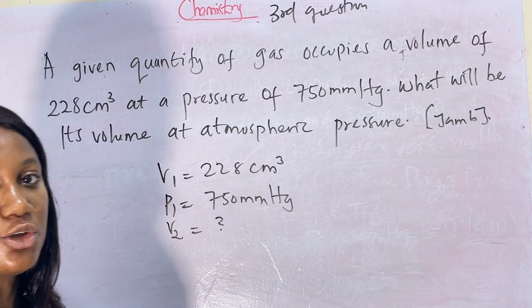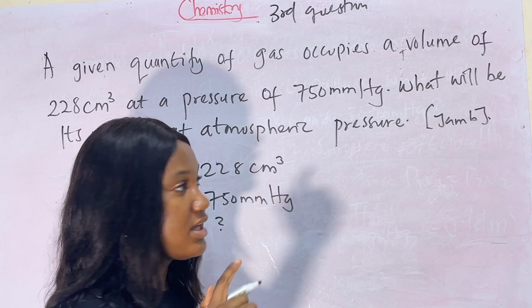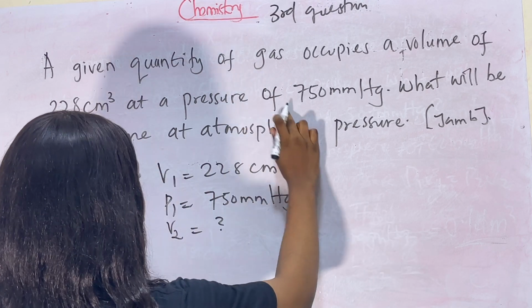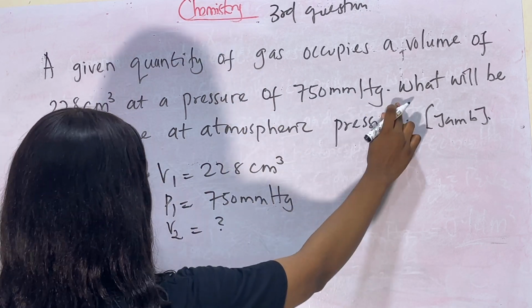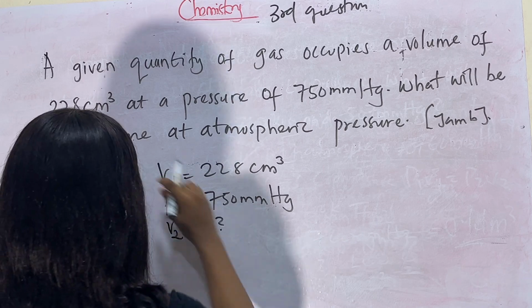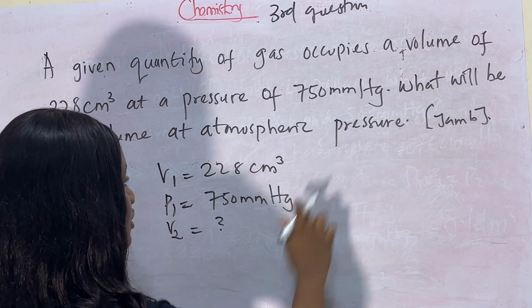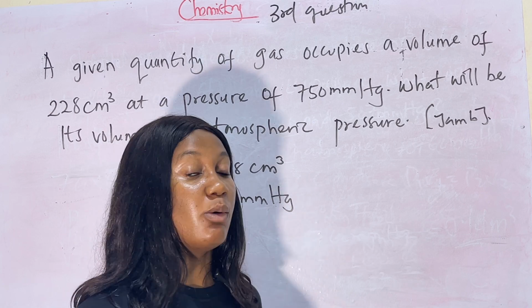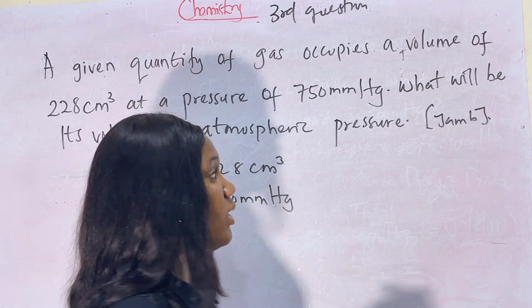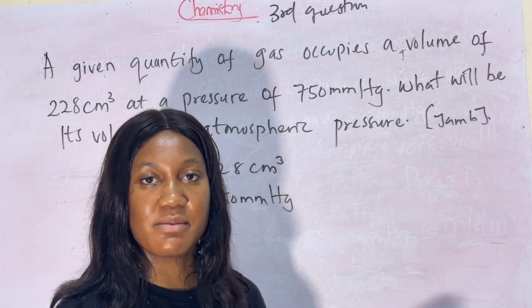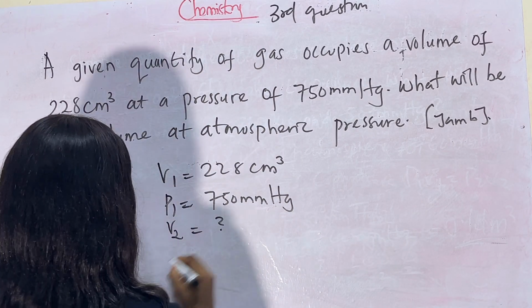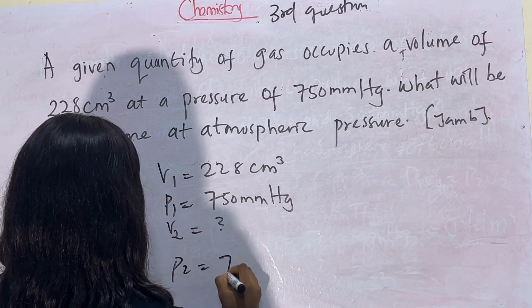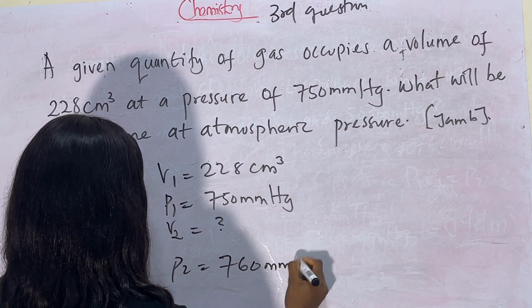Like I said when we solved the last question, if you're given pressure in millimeter mercury and you are told to calculate at atmospheric pressure, use the value of pressure in millimeter mercury. Now, what is the value of atmospheric pressure in millimeter mercury? 760. So my P2 is equal to 760 millimeter mercury.